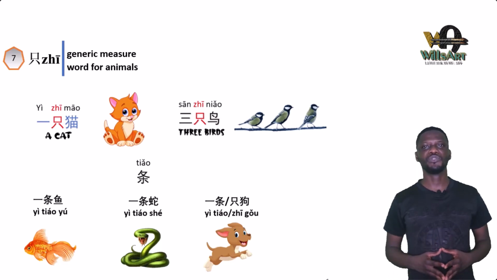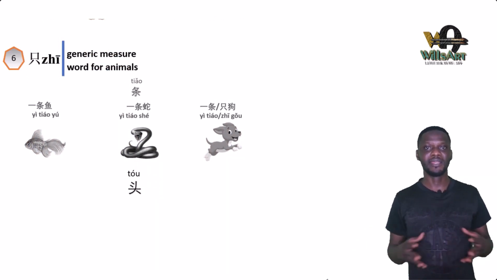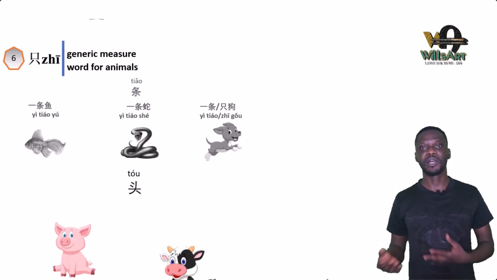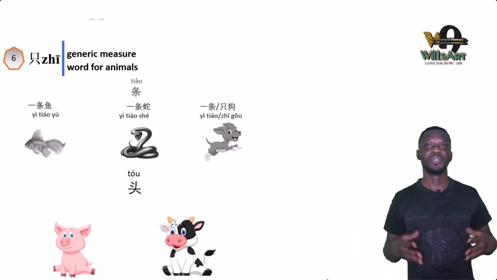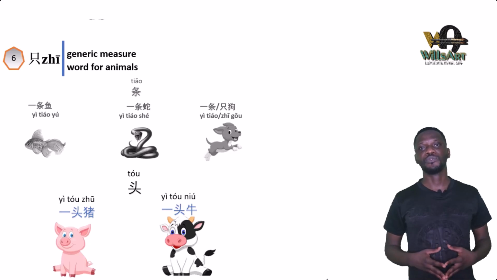Another measure word we use for some certain animals is 头, which originally means head. But it is used for some animals like some livestock like pig or cow. So for example, you can say 一头猪, or 一头牛.